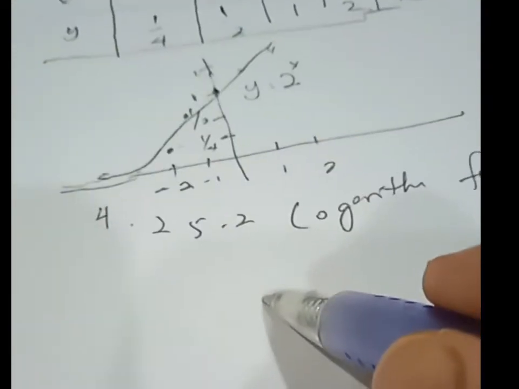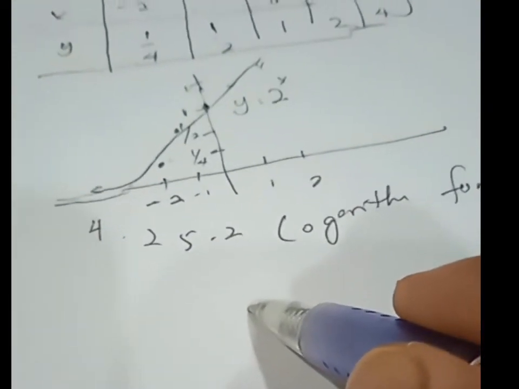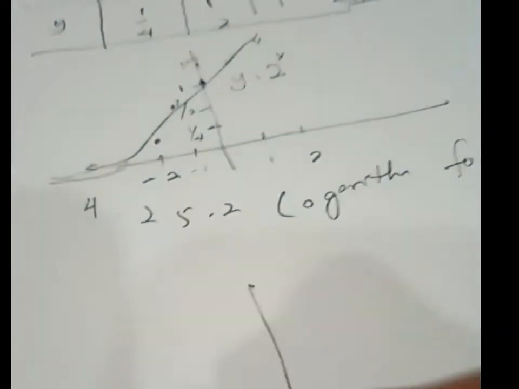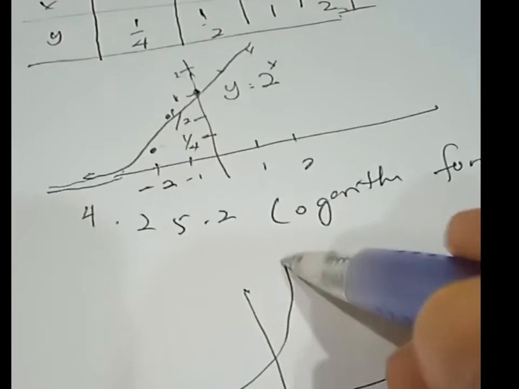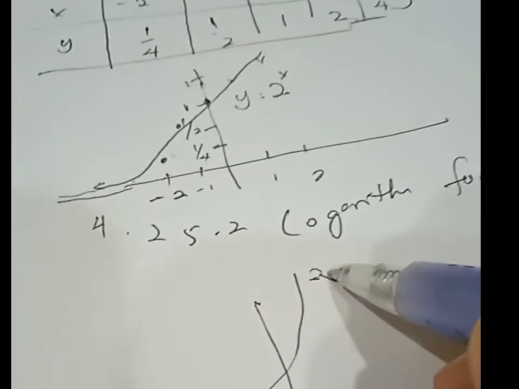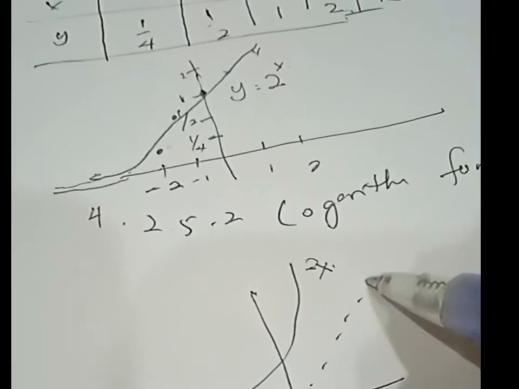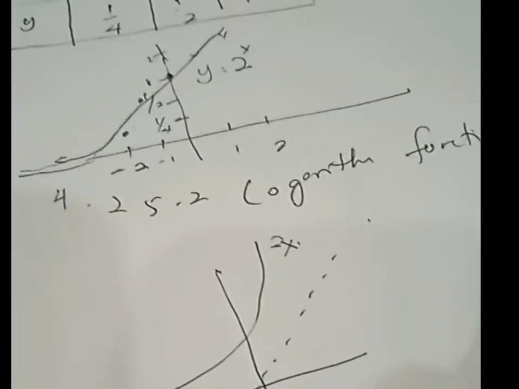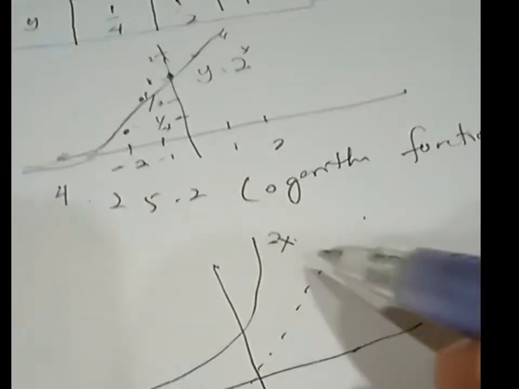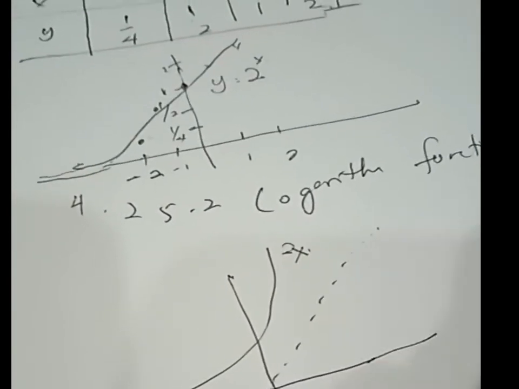Okay, so let's say we graph it. Earlier we have y equal to 2 power x here. The logarithm is the inverse function of y equal to 2 power x.